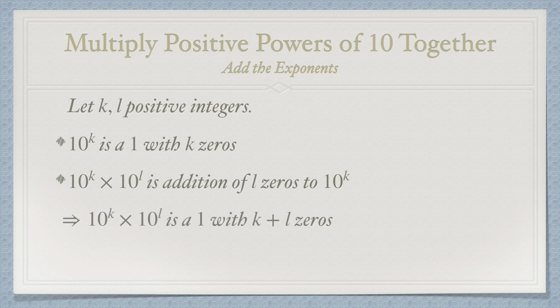So 10 to the power k multiplied by 10 to the power l is a 1 with k plus l zeros. Thus we have the formula: 10 to the power k multiplied by 10 to the power l is 10 to the power k plus l. So if we multiply powers of 10 together, we add the exponents.